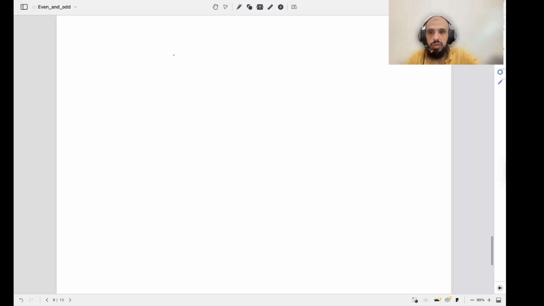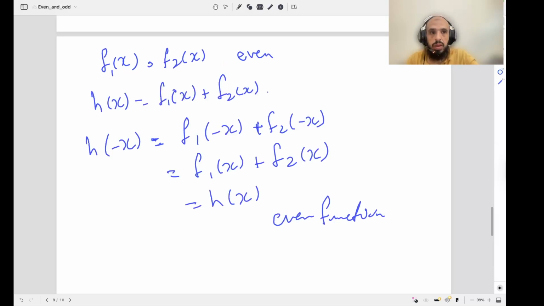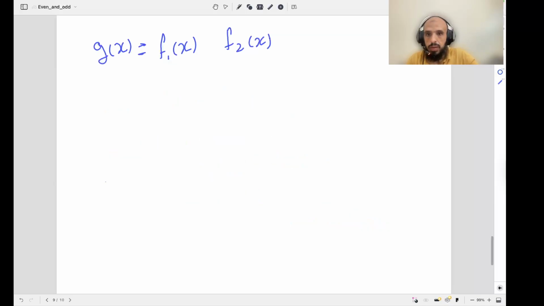Now what about subtraction? If we have g of x equal to f1 of x minus f2 of x, let's get g of negative x.